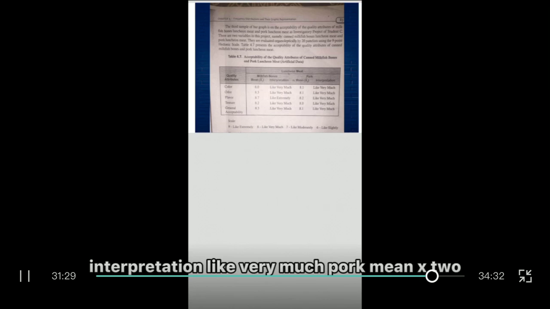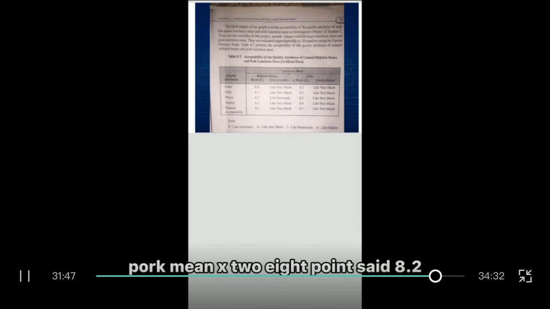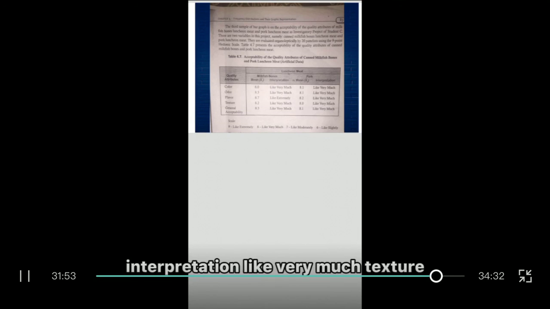Pork mean X2 8.1, interpretation like very much. Flavor, milk fish bones mean X1 8.7, interpretation like extremely. Pork mean X2 8.2, interpretation like very much.